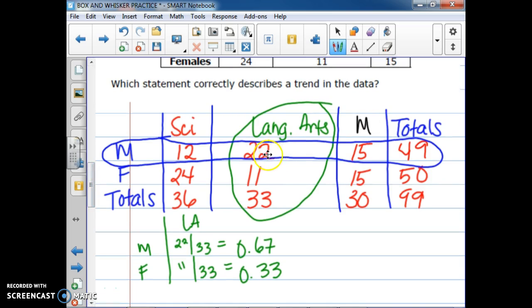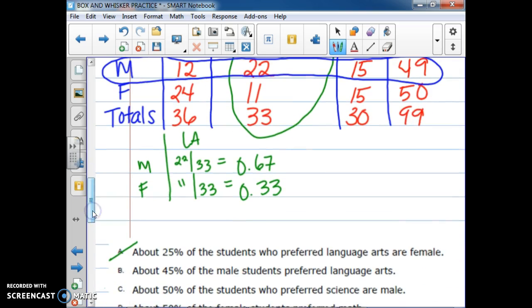So I'm looking at males, and the frequency that I should be looking at is the language arts. So out of 49 males, there were 22 that preferred language arts. So that would be 22 over 49, which is going to give me 0.45, or 45%. So B is correct.